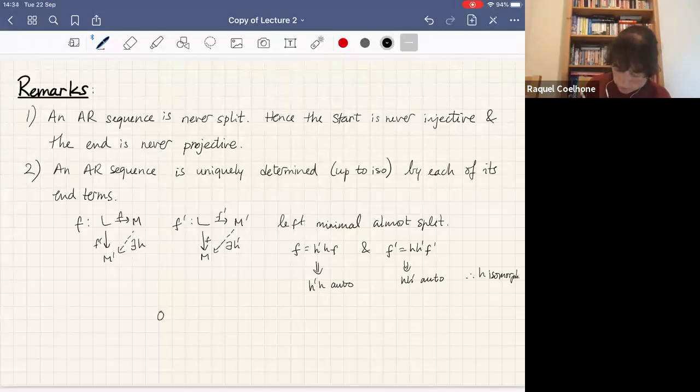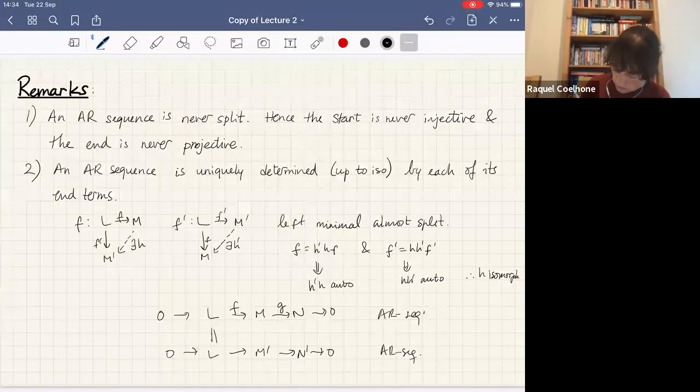Okay, so if you have two Auslander-Reiten sequences starting at L, we've seen that there is an isomorphism here making this commute, and you can extend this to an isomorphism here.